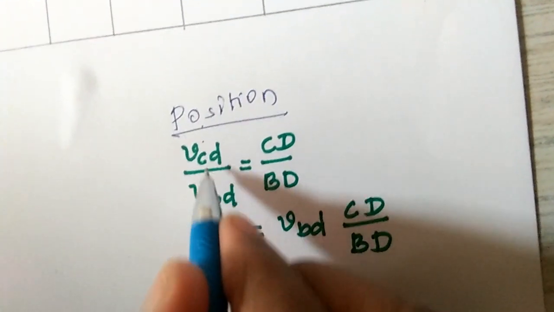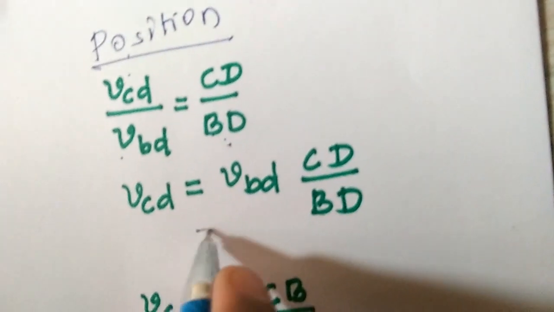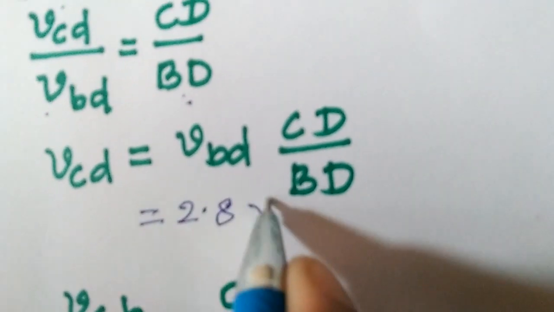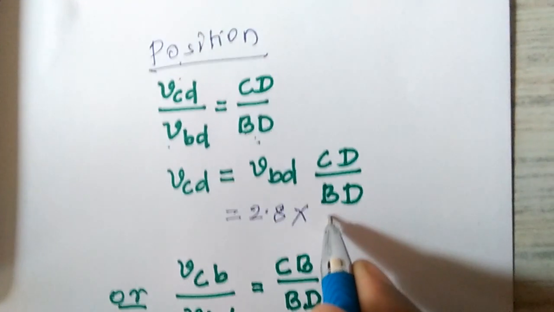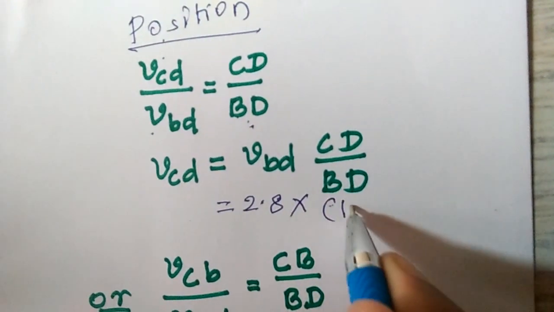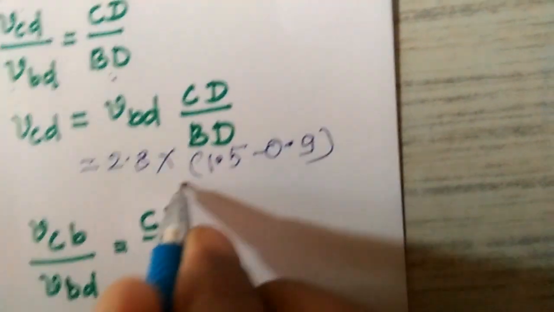Okay, velocity of CD with respect to BD. I have taken the BD distance, velocity of BD. Then this is CD distance divided by BD distance. Then I'll write it. The velocity of BD is 2.8. What is the CD distance? CD distance is 1.5 minus 0.9, divided by BD distance, which is 1.5.